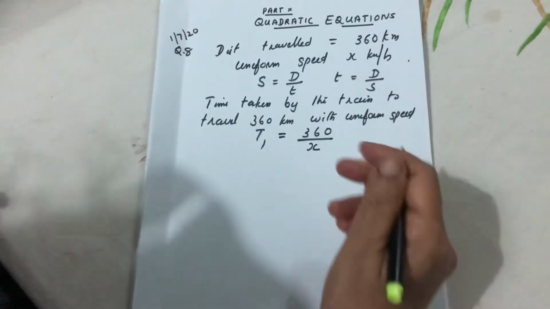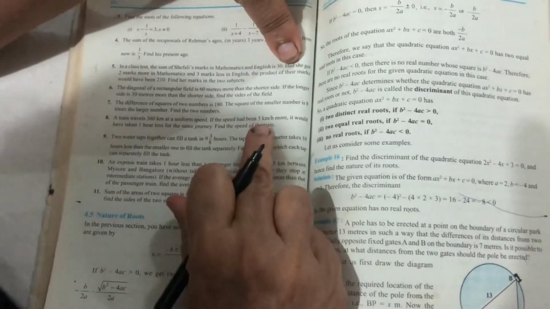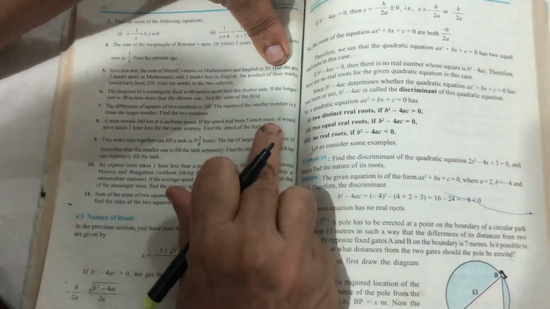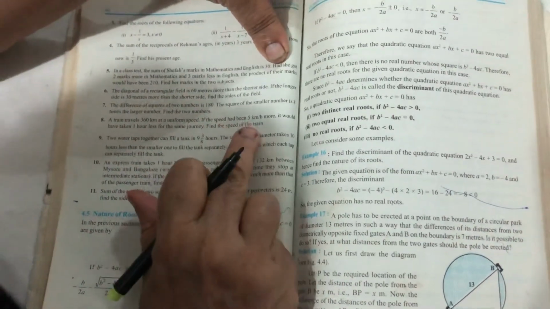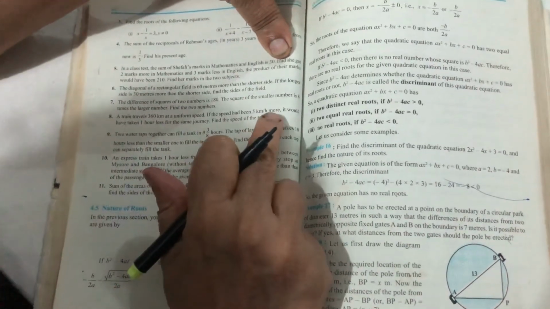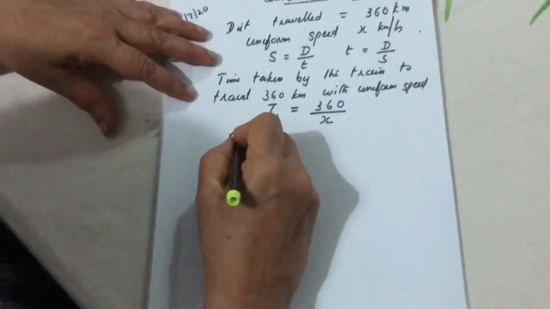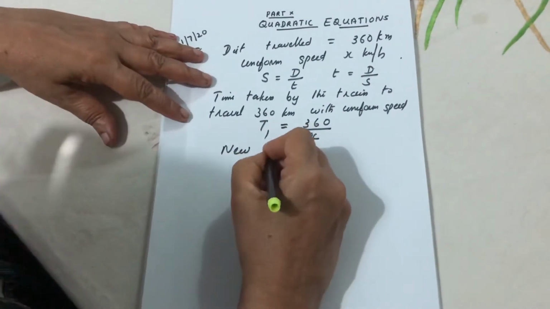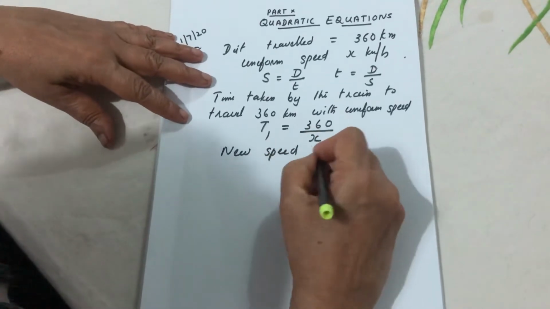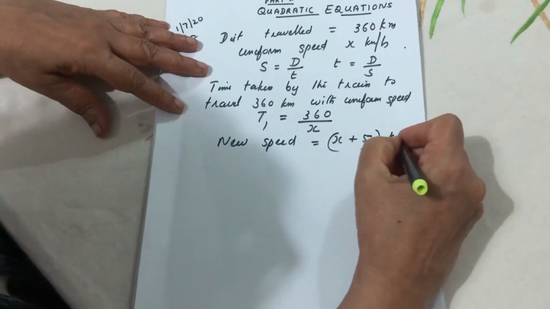Now the question says, if the speed had been 5 km per hour more, therefore the new speed, uniform speed is x and 5 km per hour more, that is x plus 5. So new speed I am taking as x plus 5, that is the new increased speed.